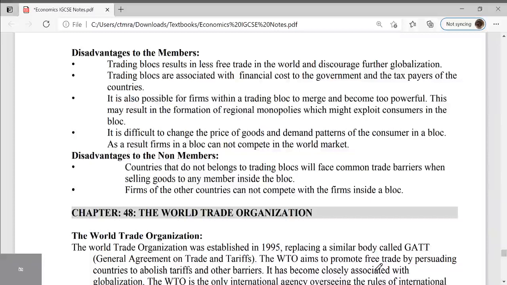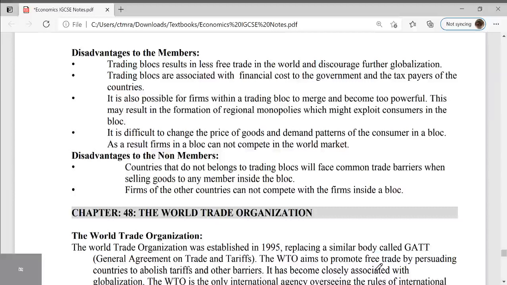It's not easy to compete and change prices. It's also very difficult to think of all those countries as a common market. So it's very difficult to set a price and come up with features which can satisfy the demands and wants of the people of the country.